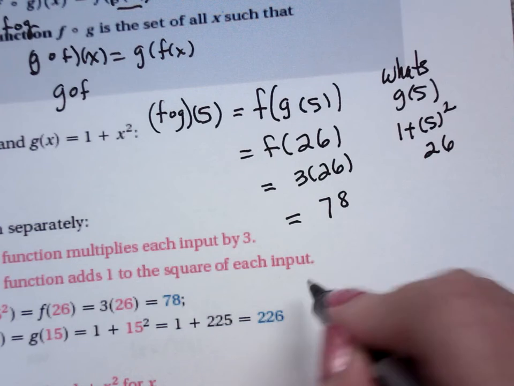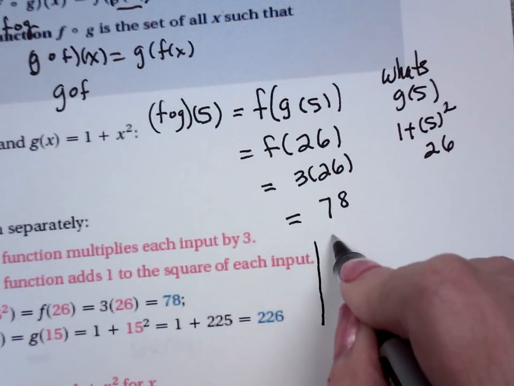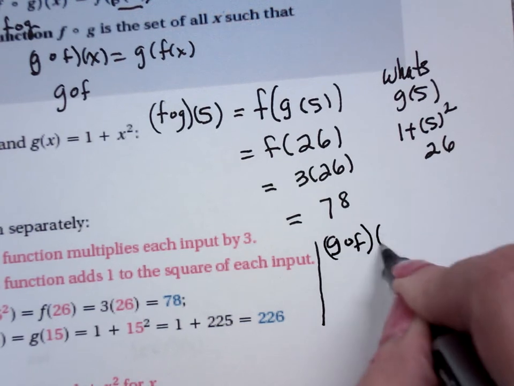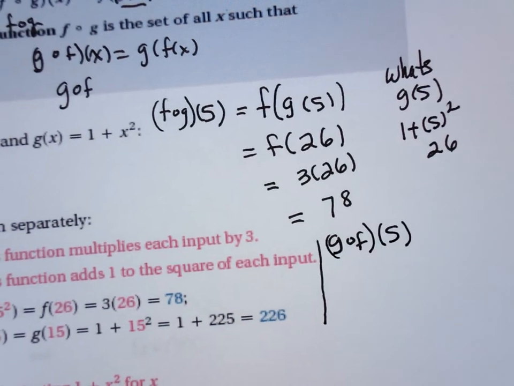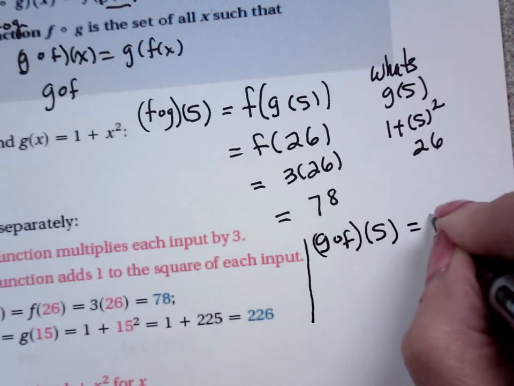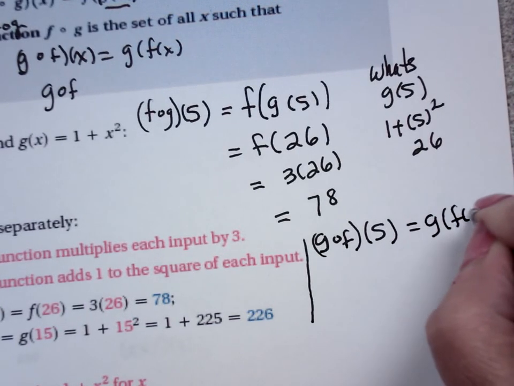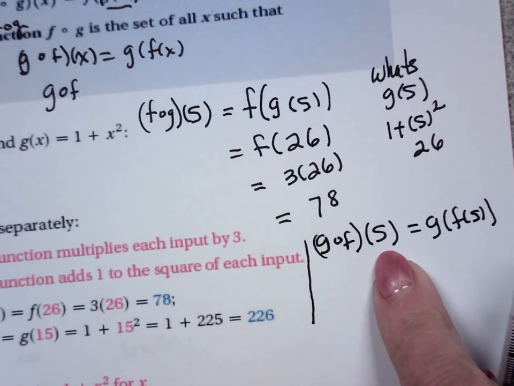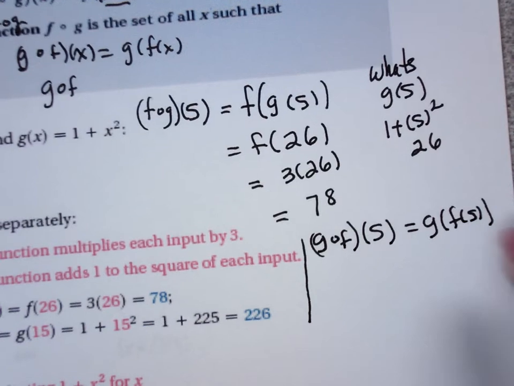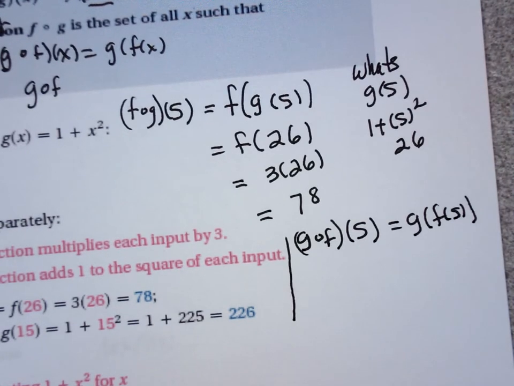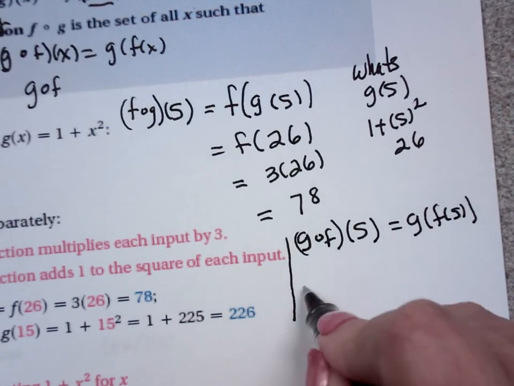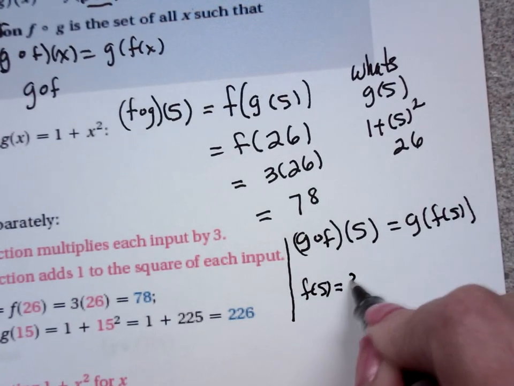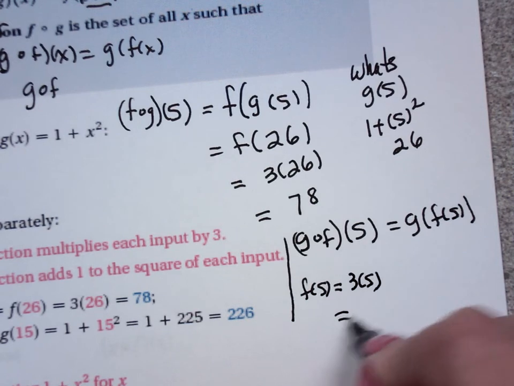Now, if I wanted to go into Goff of 5, that is g of f of 5. What's closest to the 5 is what you put in first. So then I need to calculate f of 5. Well, what's f of 5? f is 3 times x. 3 times 5, which is 15.